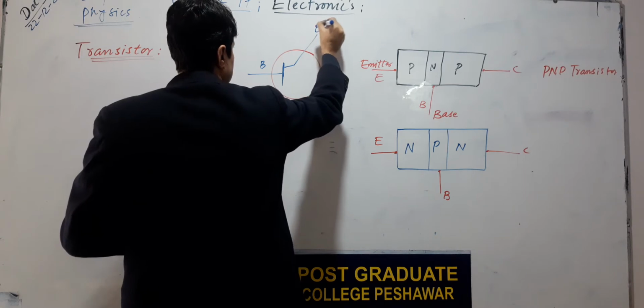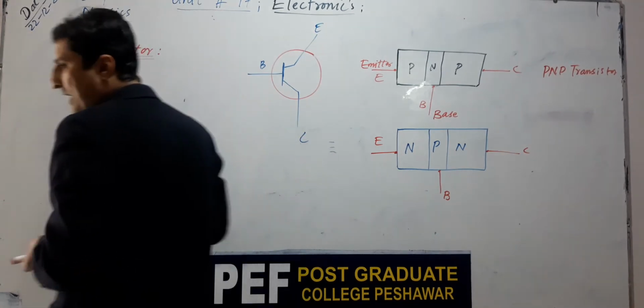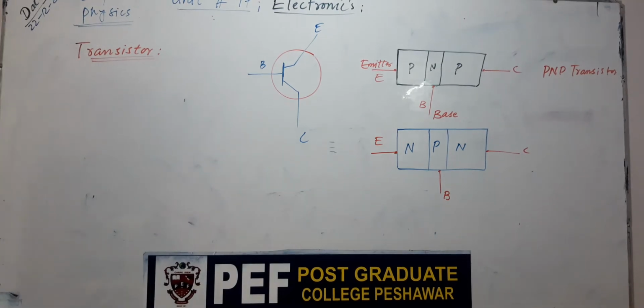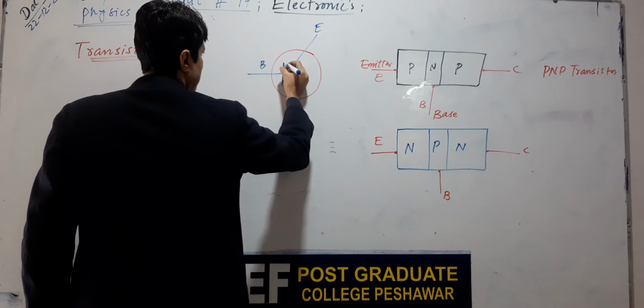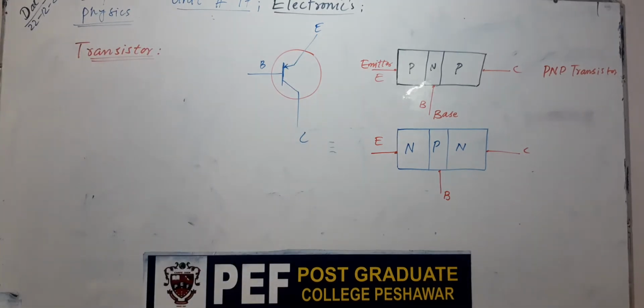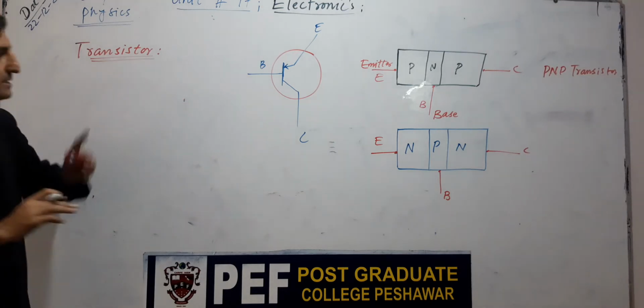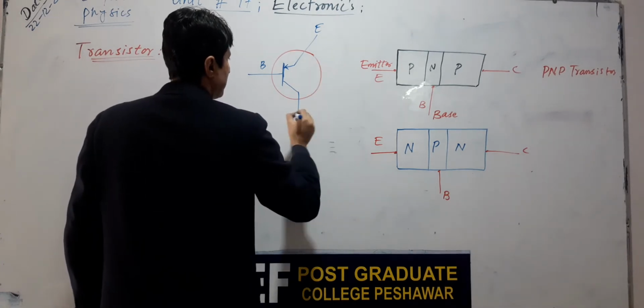Suppose this is the emitter and this is the collector. Now here, if the arrow is toward the base, like this, then this is a PNP transistor. This is the circuit diagram for a PNP transistor.